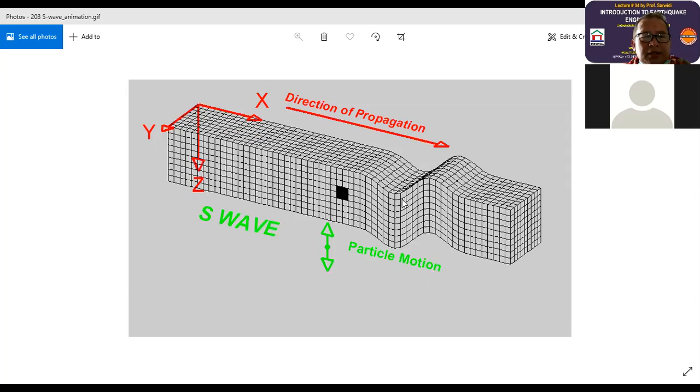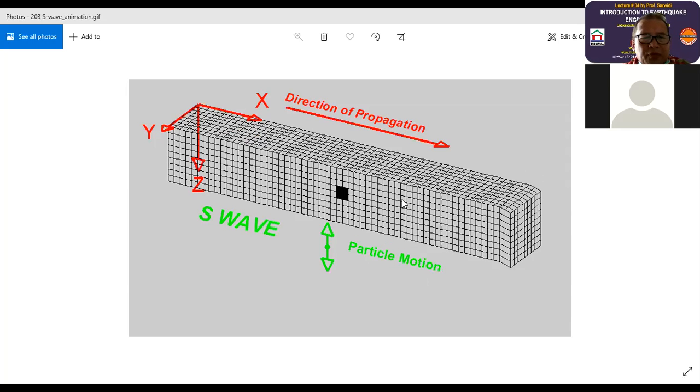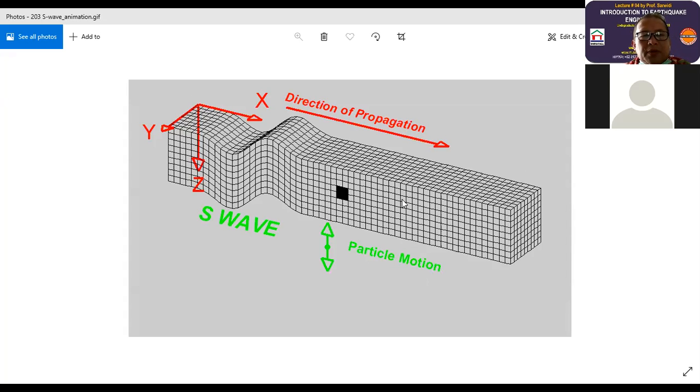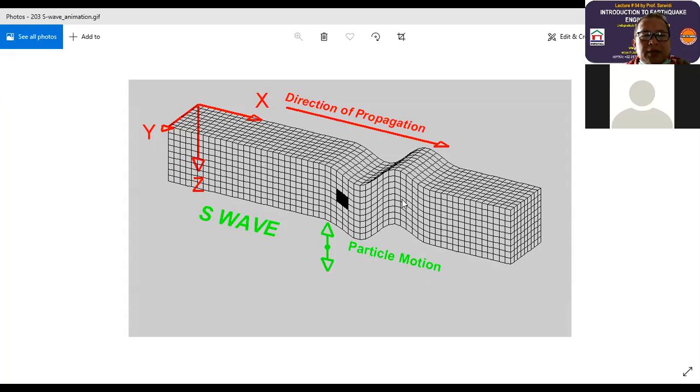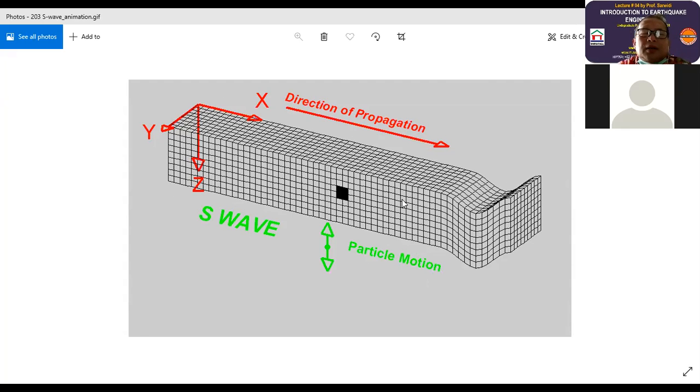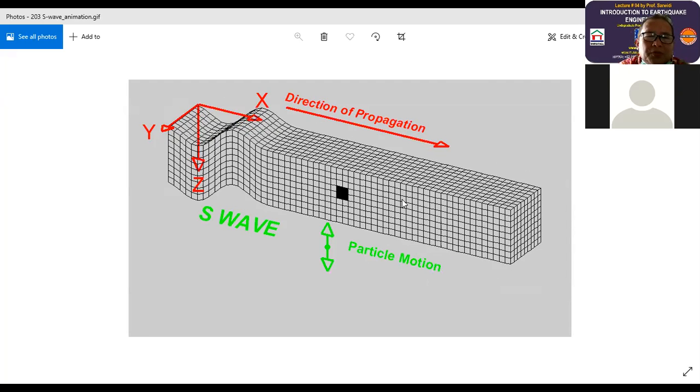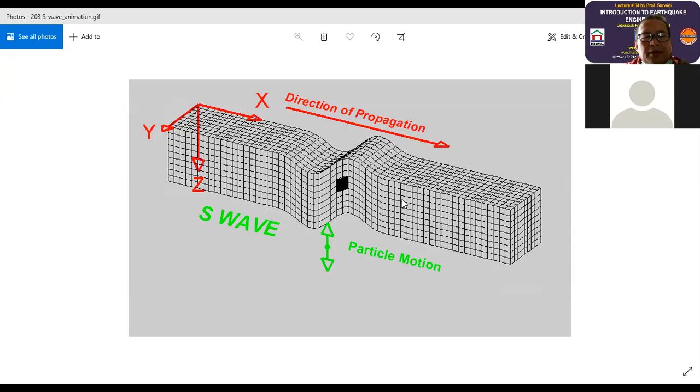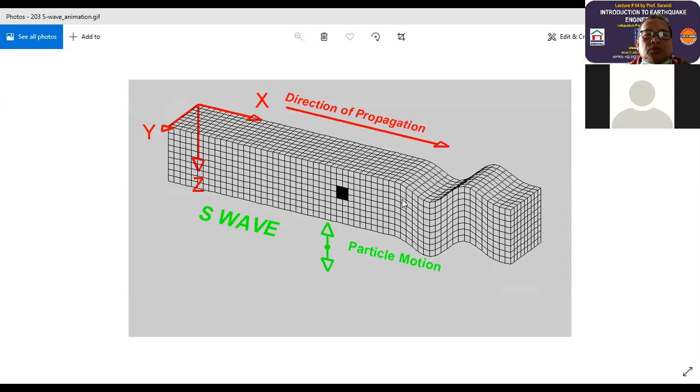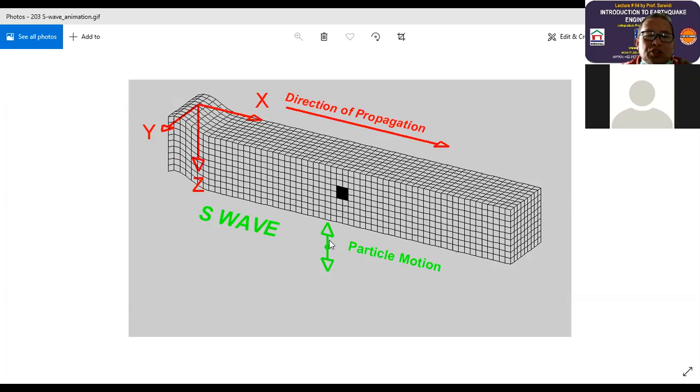The second one is the body wave in the form of S waves, or secondary waves, also called shear waves, because the movement is shearing. It is not only straightforward, but goes side to side while moving forward. This is the direction of propagation, and the vertical motion is up and down.